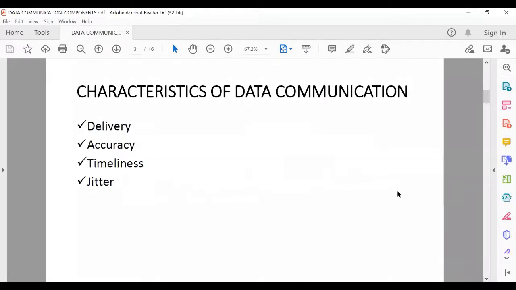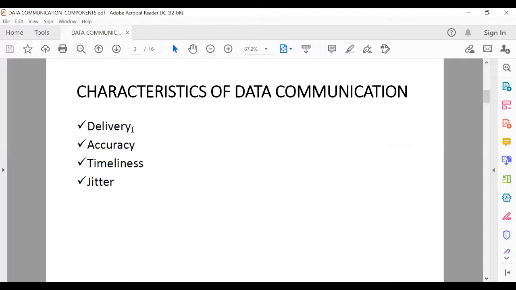Okay. So the effectiveness of any data communication system depends upon these four fundamental characteristics. The first one is the delivery, second is accuracy, then timeliness, and the last is the jitter.